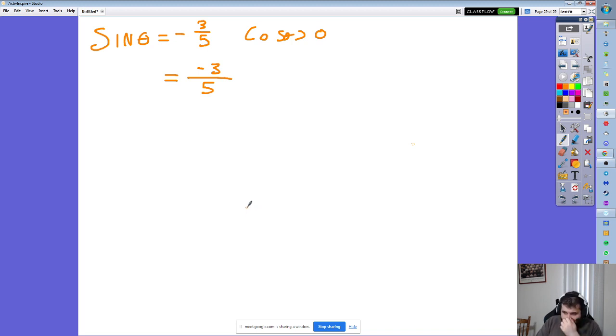Do this step if you can so that you can be sure that what you have is right. So we draw our triangle now. Opposite over hypotenuse, and this is the thing we don't know, the cosine. So let's figure it out. A squared plus b squared equals c squared.